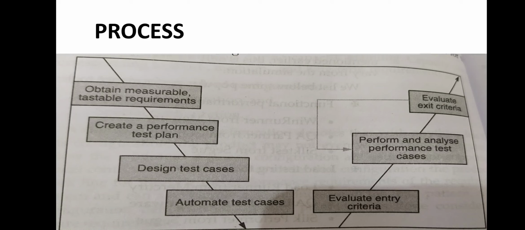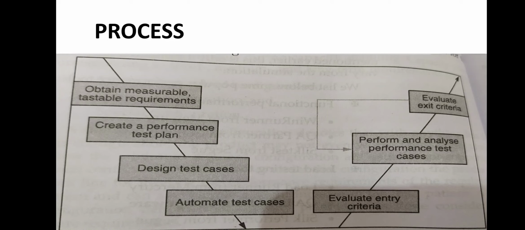So finally we will perform and analyze performance test cases. You can see at your right side, and after that we will select our exit criteria. That means we have to stop here. Okay, so the entry and exit criteria are very much important.